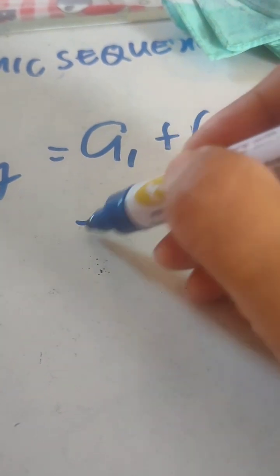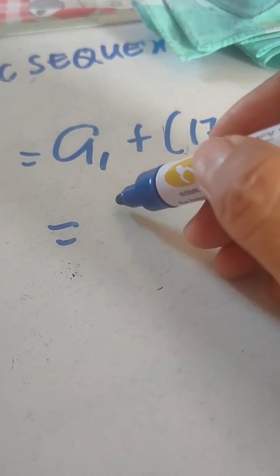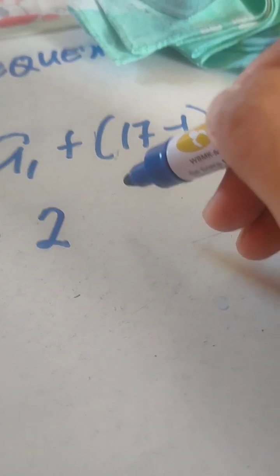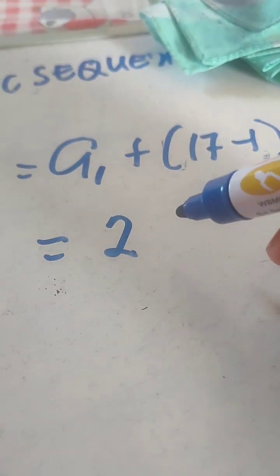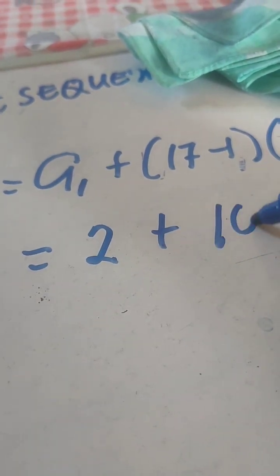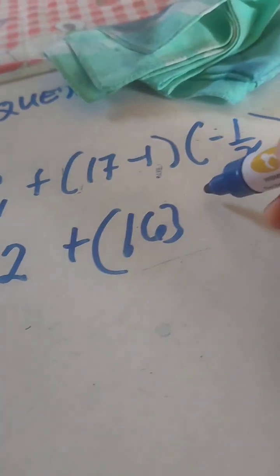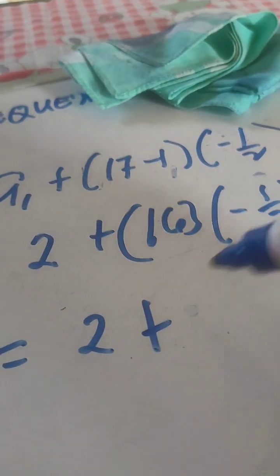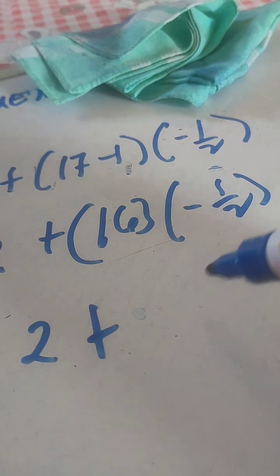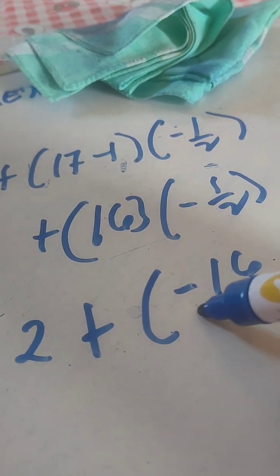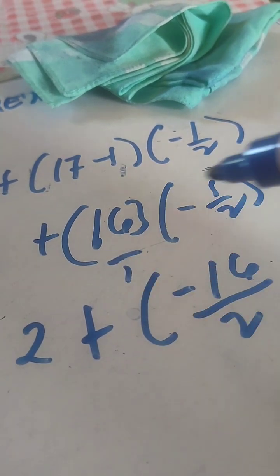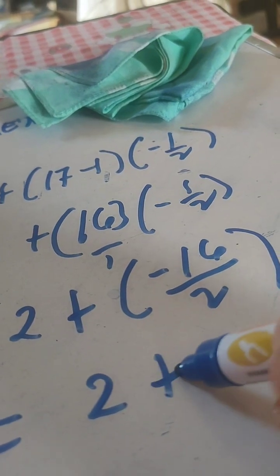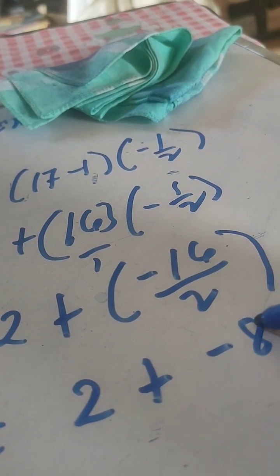Our a sub 1 is equal to 2, using the reciprocal of the given harmonic sequence, which is in the form of the arithmetic sequence, plus 16 times negative 1/2. Now, what is 16 times negative 1? That is negative 16 over 2, because this is understood to have a denominator of 1. And negative 16 divided by 2 is equal to negative 8.